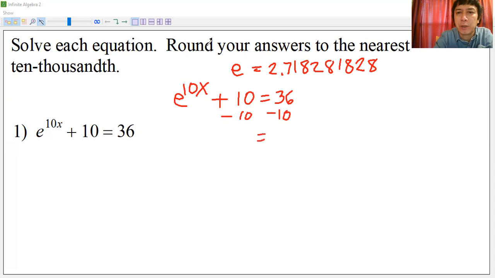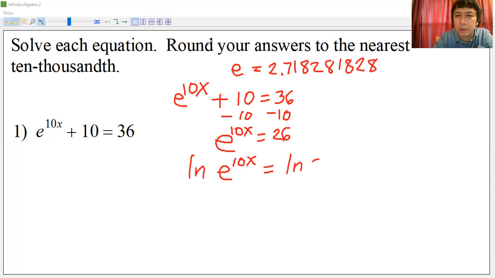The right side becomes 26, and what remains at the left will just be e to the 10x. Okay, so we shall apply the natural logarithm to both sides. This will now be ln of e to the 10x equals ln of 26.